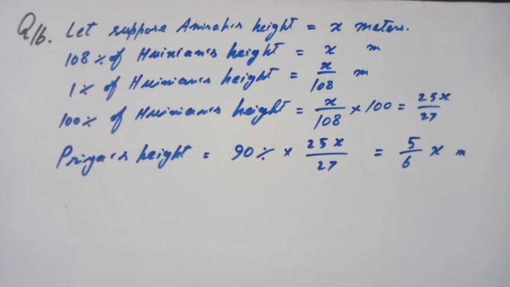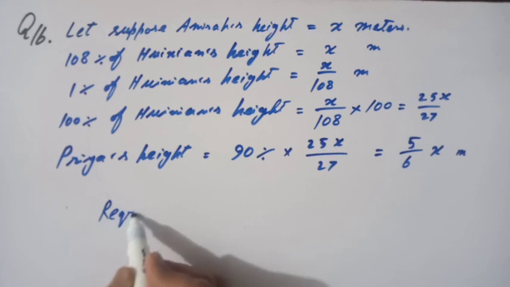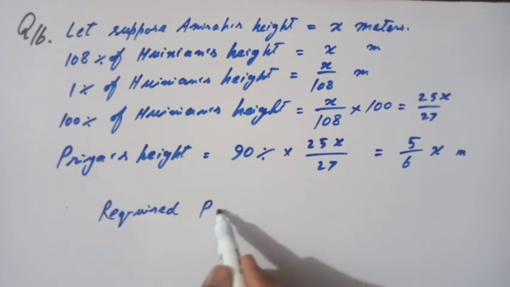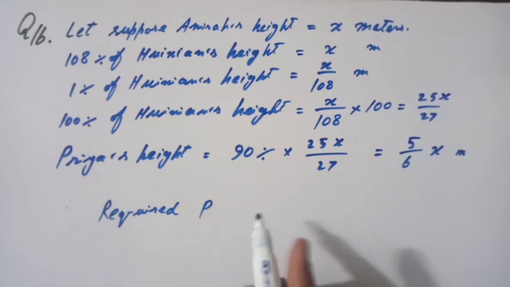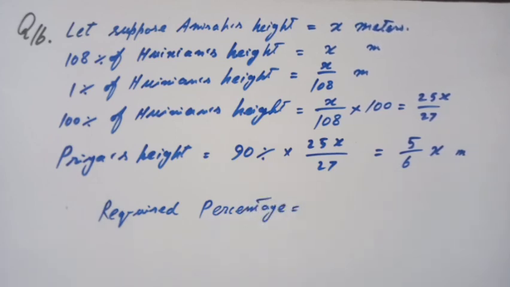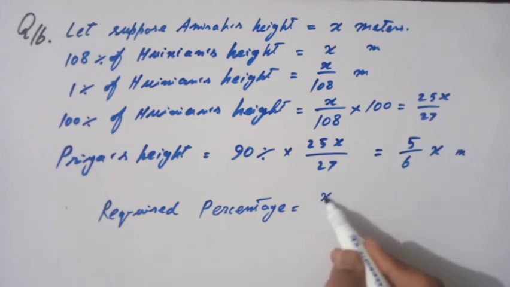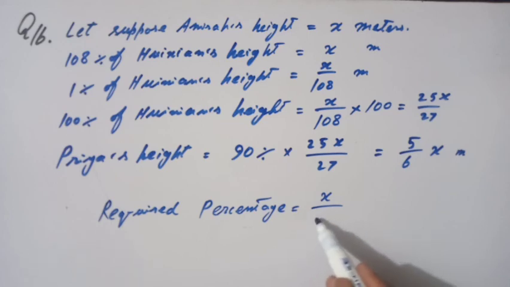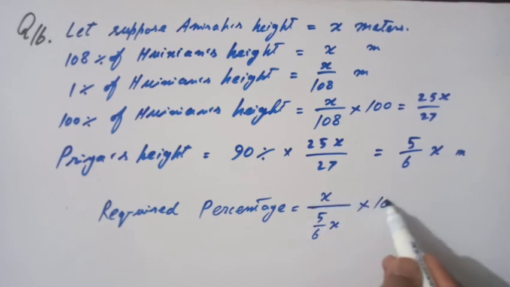In this question we have to find out the height of Amira as a percentage of that of Priya. So Amira's height divided by Priya's height multiplied by 100%, right? So required percentage will be equal to x divided by 5 by 6x multiplied by 100%.